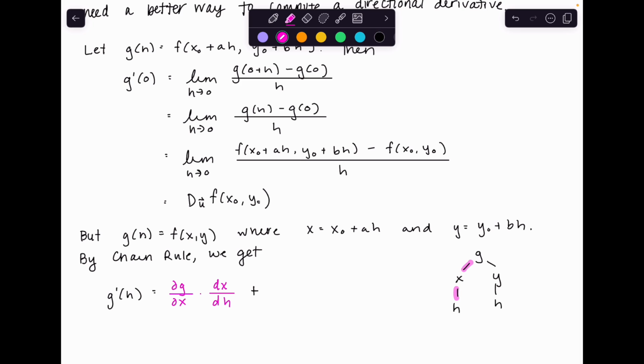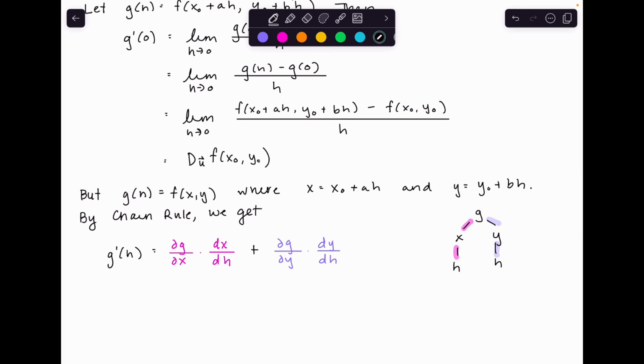Or I can go down the other path. So I can go through y and then to h. So likewise, I add the partial of g with respect to y, and then the derivative of y with respect to h. Okay.